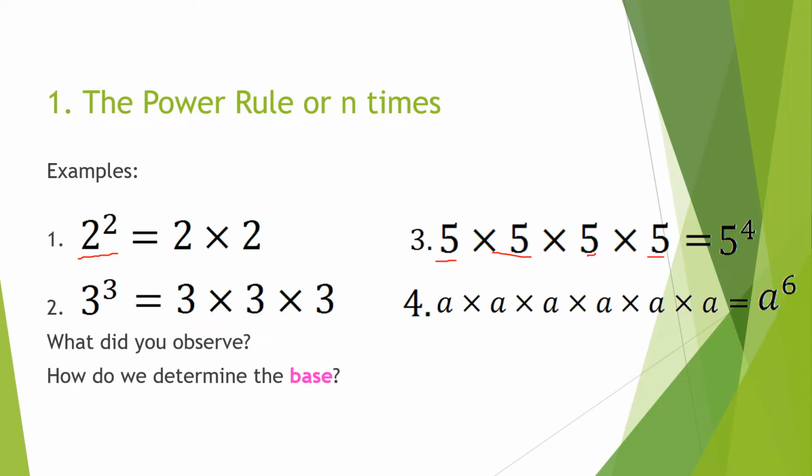How did we determine the base? And how about the exponent? To answer that, the base, again, refers to the number that we are multiplying to itself, and the exponent refers to the number of times we are multiplying the base by itself.